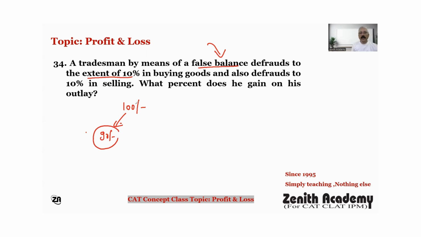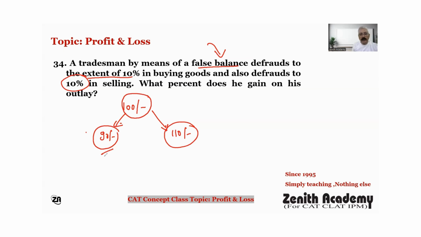use false balance and defraud you 10%, it means he will give you only 90 rupees. Okay. And now he would have a worth of 100 rupees. And when he is going to sell this, again he defrauds 10%. Means he has an actual worth of 100 rupees, but he will say that it is a worth of 110. Okay.